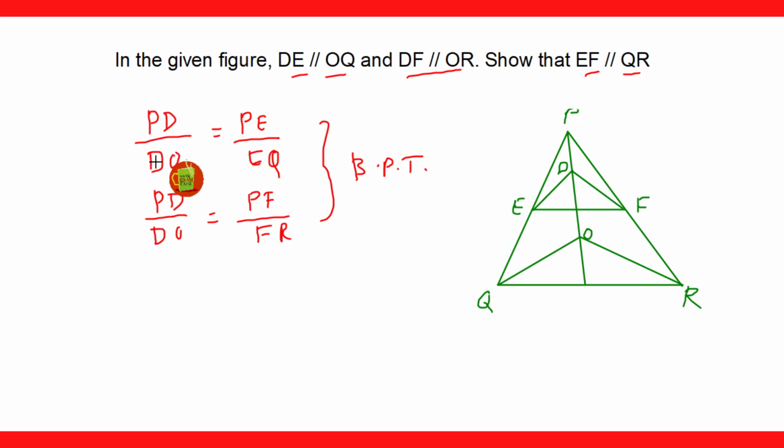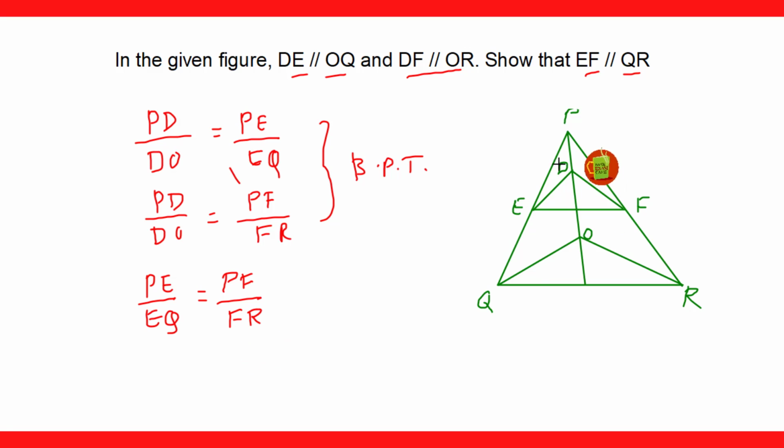And here from 1 and 2, PD upon DO is equal to this, and PD upon DO is equal to this, and therefore these two should also be equal. Therefore PE upon EQ is equal to PF upon FR.